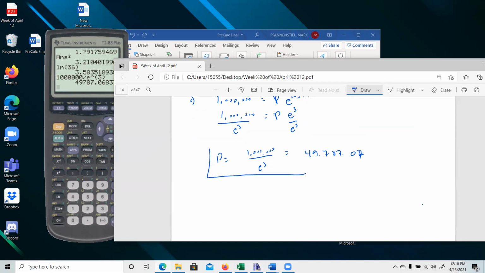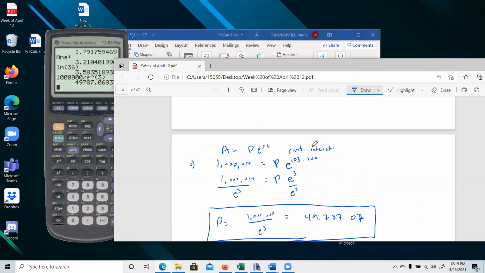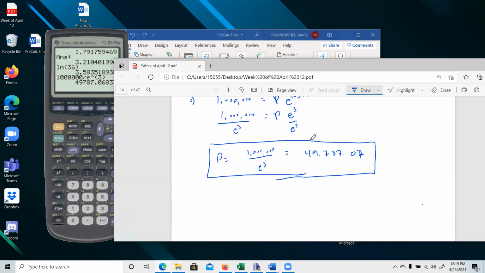Yes, the pennies actually do count because it's a long time. We're compounding over that whole time, so that will actually be a difference. I know that's a lot of money to get in 1885, but $1 million in 1985 is also hard to come by.